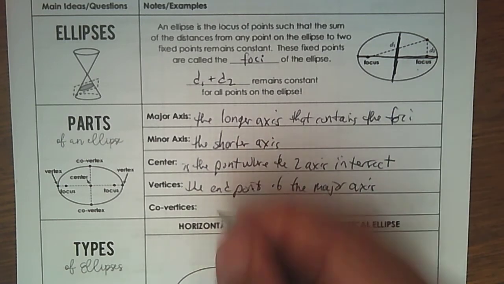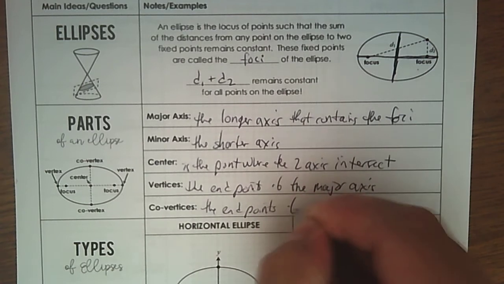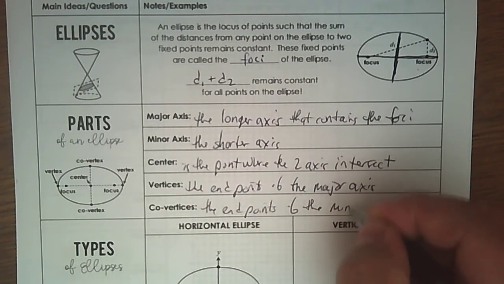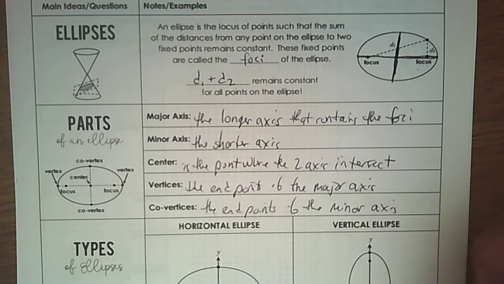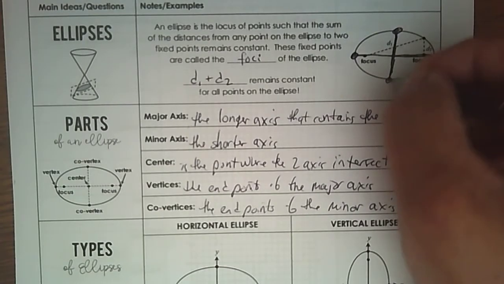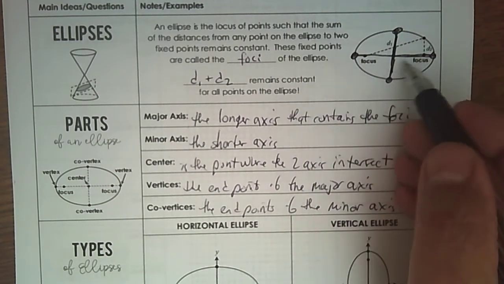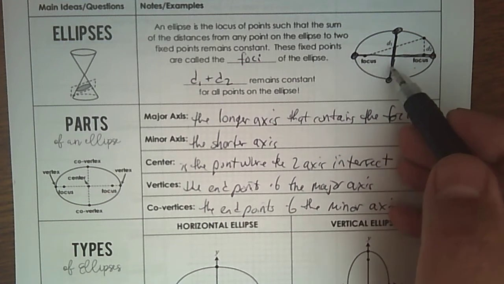And we actually have co-vertices. Those are the endpoints of the minor axes. So an ellipse has four vertices. These are at the ends right here. And if they're on the major axes, they're called the vertices, and on the minor, we can call them co-vertices, but there's four of them.